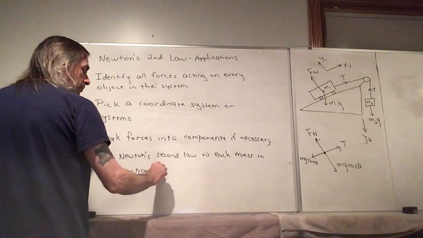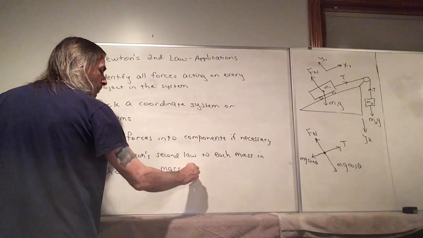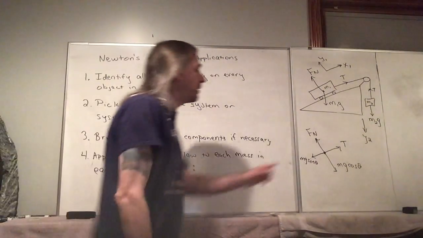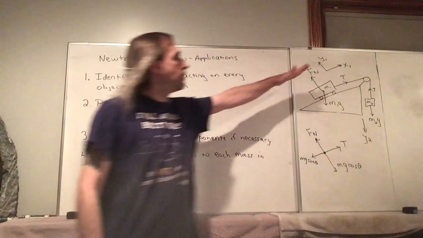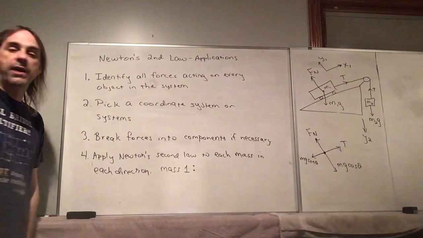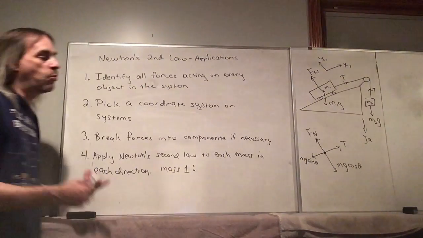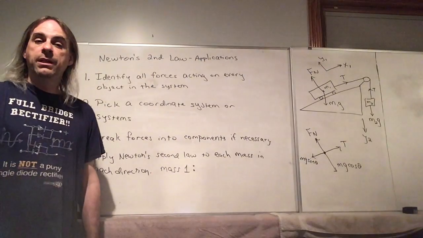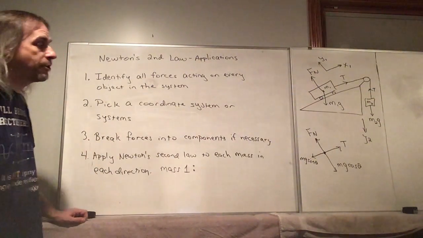Here, mass 1, we're going to have two equations. So in the x direction, let's just look at these forces. There's 4 of them. Which ones are in the x direction? That's here. Tension and this mg sine of theta. Those are in the x direction. These two are in the y direction. So once you get to this point, it should be very obvious which forces are in each direction.